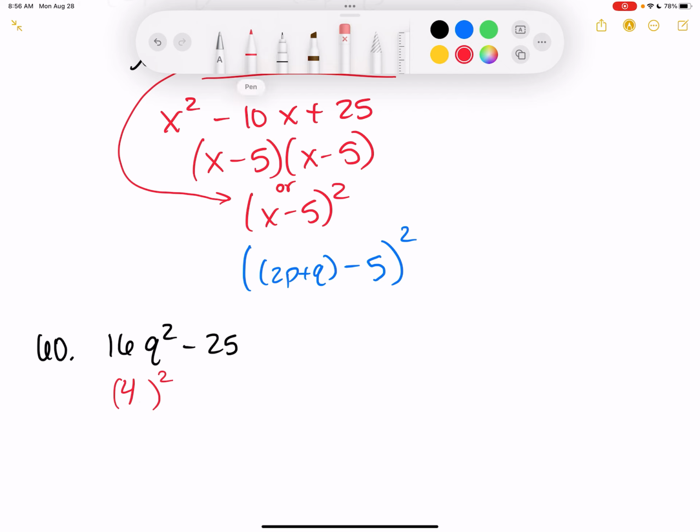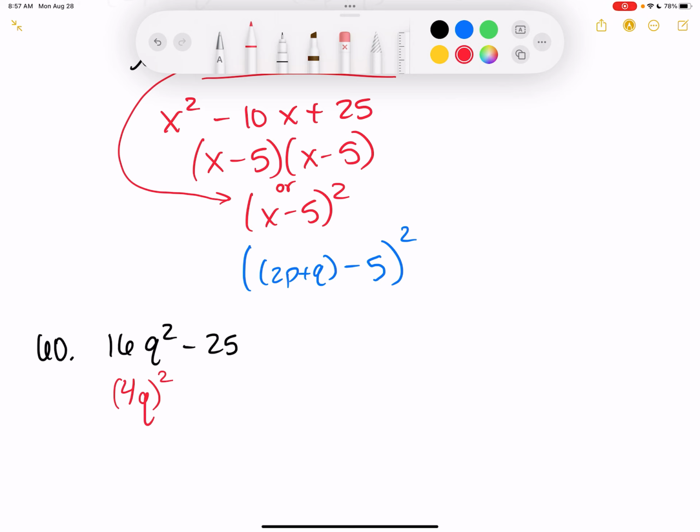So q squared was already clear, but 16, I needed to rewrite that. So 4q is my x term out of the notes.